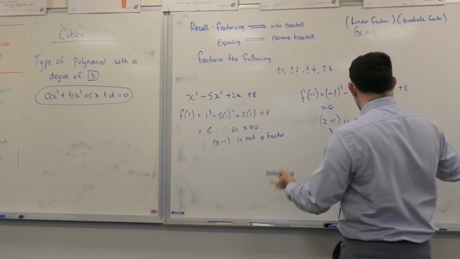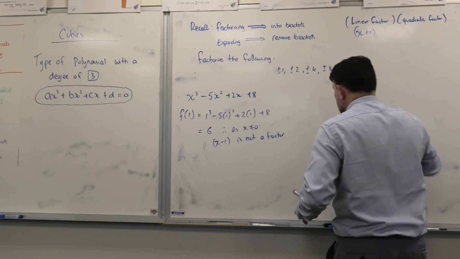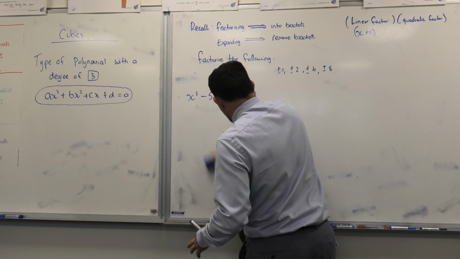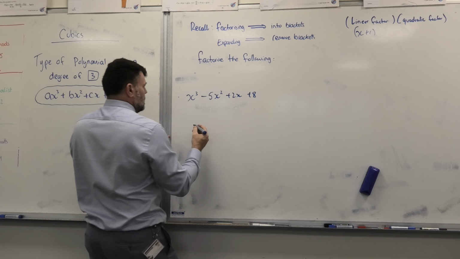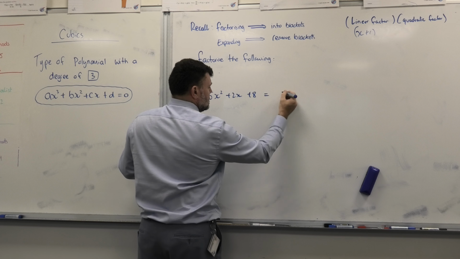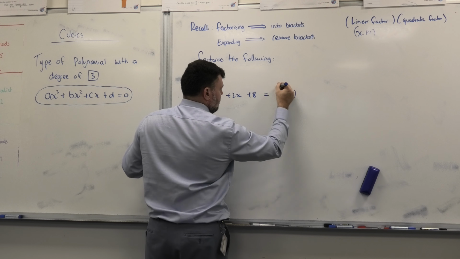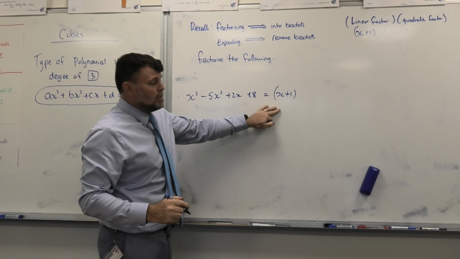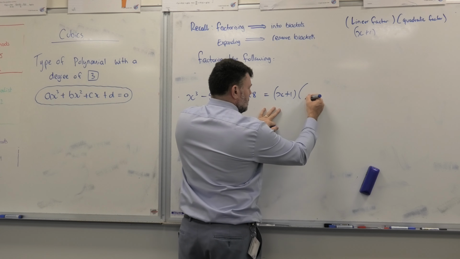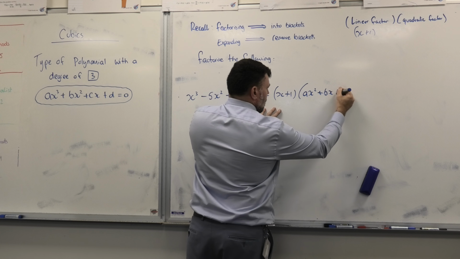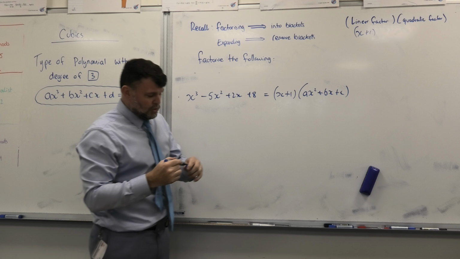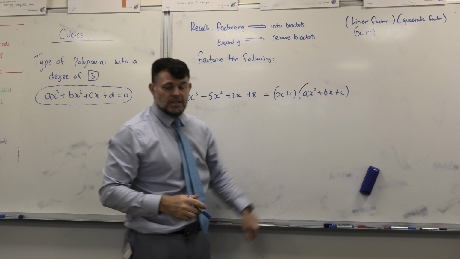So let's erase this part and look at what I know. I know that this is going to be equal to x plus 1, because I've worked out that's a factor, but I need a quadratic factor. I don't know what that quadratic factor is, but what I do know is that a quadratic is made up of these three variables.